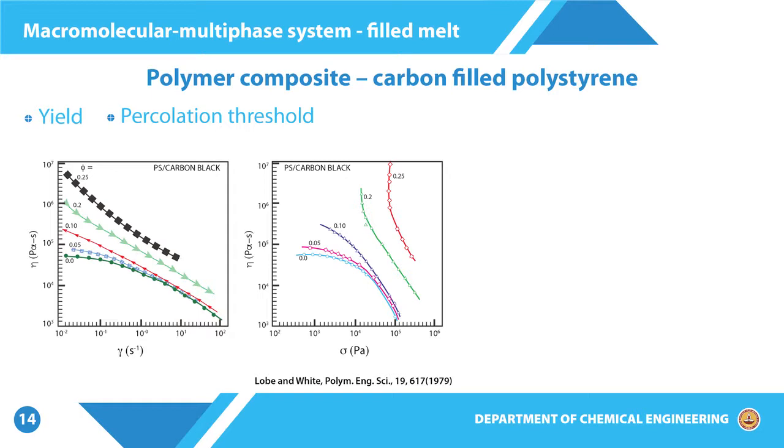We can continue looking at the same composite system, where a filler has been added to a melt, and in this case it is a carbon nanofiber. Nanofibers are again very thin and long objects with respect to their aspect ratio, and they are being used in a polystyrene melt, and in this case we are looking at normal stress as a function of time.